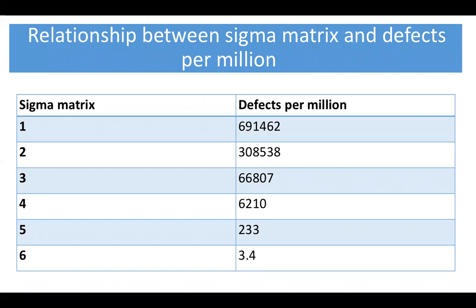And remember one thing. If it is 6210, what is the meaning of this? Out of 1 million, that means out of 10 lakhs, there are 6,210 defects.